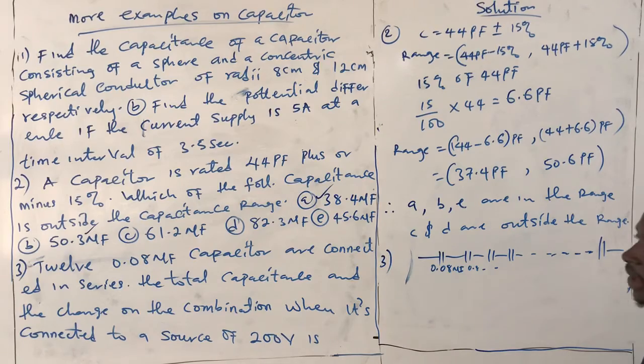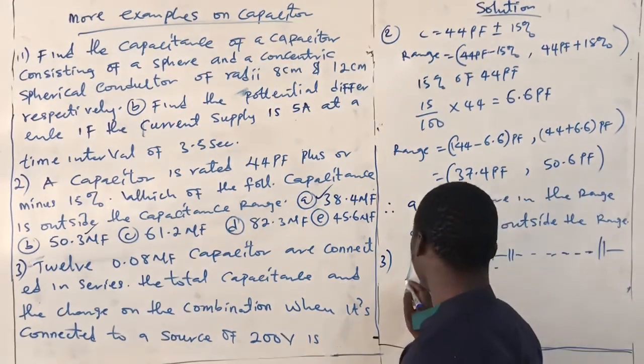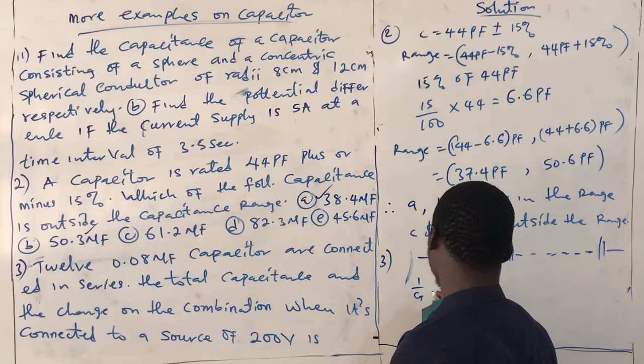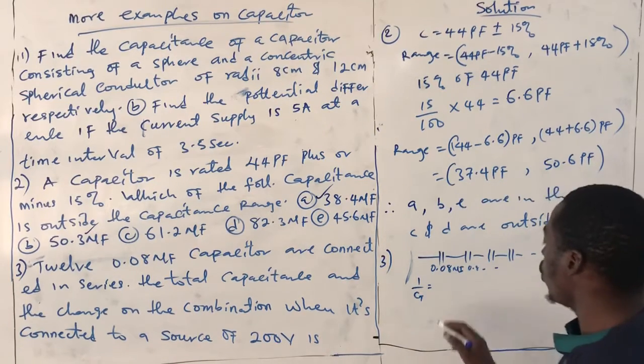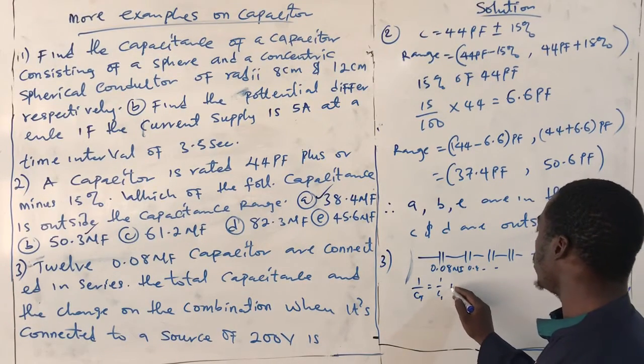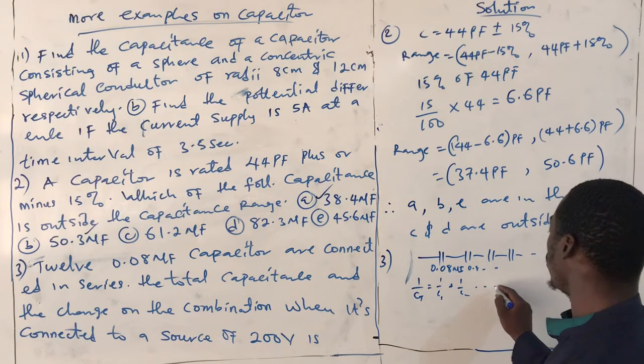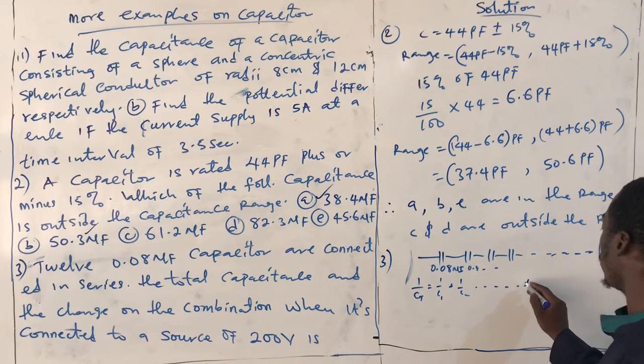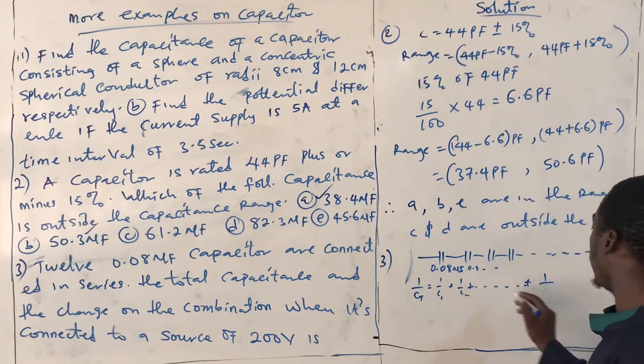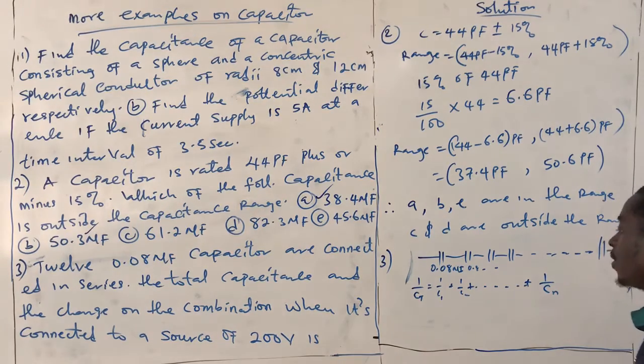Now to calculate the effective capacitance on this, we have to say 1 over CT is equal to 1 over C1 plus 1 over C2 plus up to 1 over Cn.